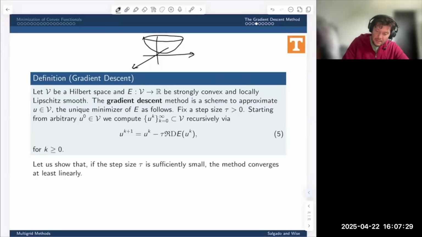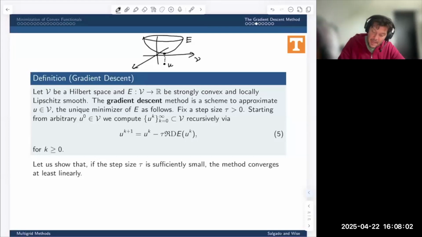And we're trying to get to that point, in this case, a plane, which we're going to call U, such that this is the minimum or minimizer of this energy E. The space over which we're operating is what we're calling V. This is a Hilbert space, and the values of E are real.